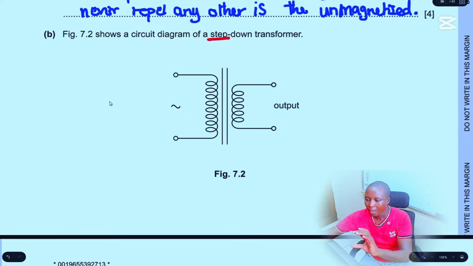So when alternating current, when AC flows through this coil, it will create magnetic fields which are constantly changing size and direction. When those fields cut across the secondary coil, remember these two coils are not connected, an EMF is induced in this secondary coil through electromagnetic induction, then a current is going to flow inside here.